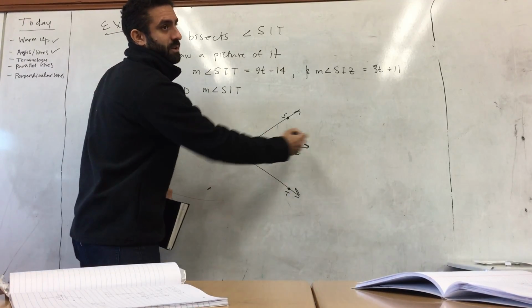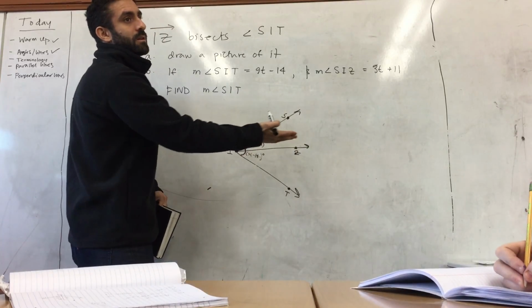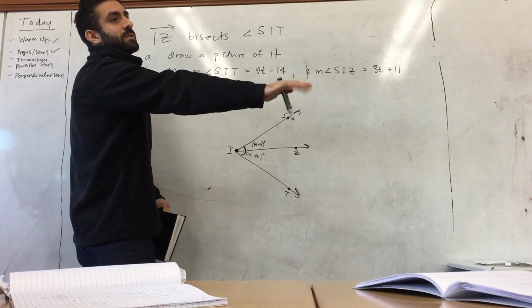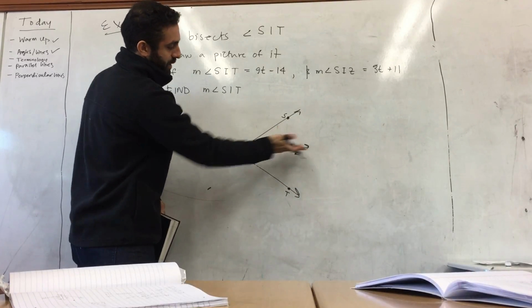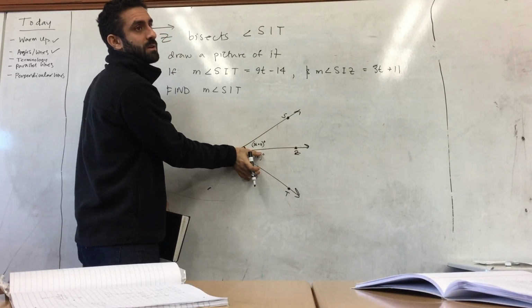What does bisect mean? To cut in half. So if this bisects it, that means this is equal to this.